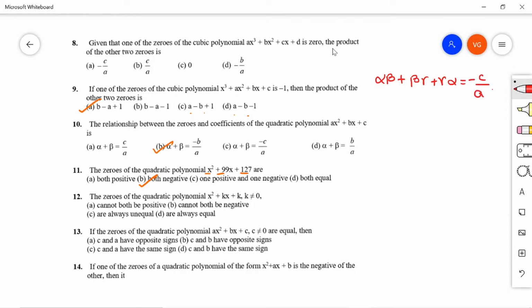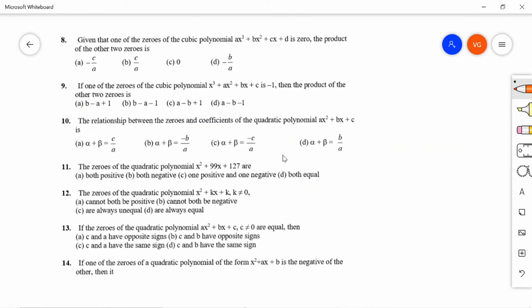Let us say one of the roots of this cubic polynomial is 0. So take alpha is equal to 0. Then those terms get cancelled, since 0 multiplied by anything is 0. So beta gamma, the product of the other two roots, is minus c by a. So option A is correct for question number 8.